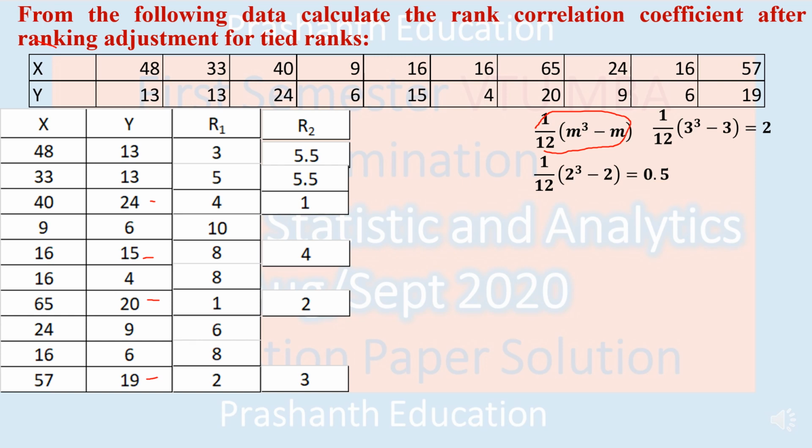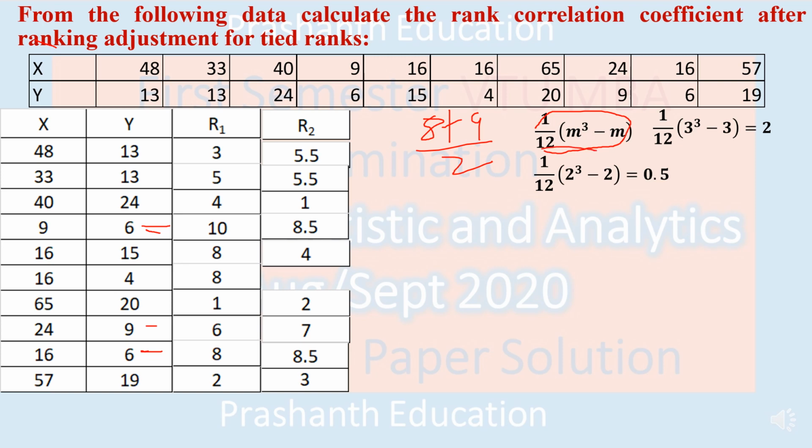Next is 9. Fifth and sixth rank I have taken, so I will put seventh rank for the 9. Next I have 6 and 6 again. 8 plus 9 divided by 2 gives 8.5 for each 6.